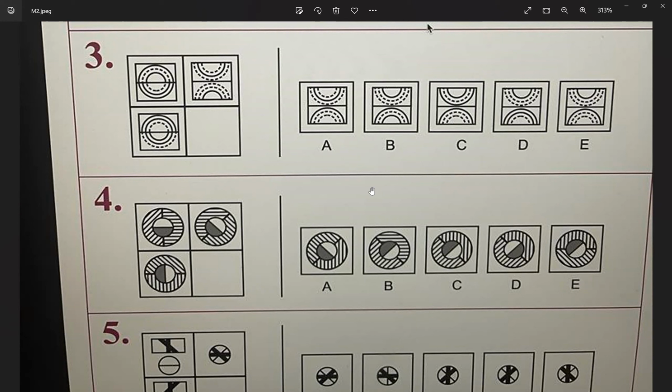So here there's one, two, three, and here there's one, two, three as well. So there's one that's dotted and then one outside that's plain, and then it's kind of like the opposite type of line shading.